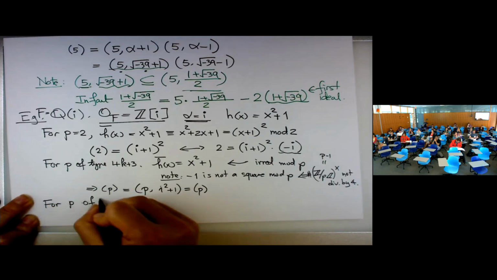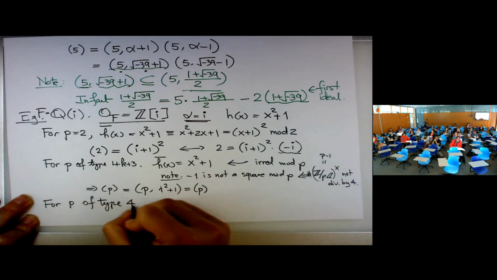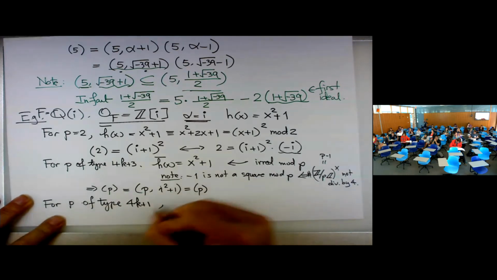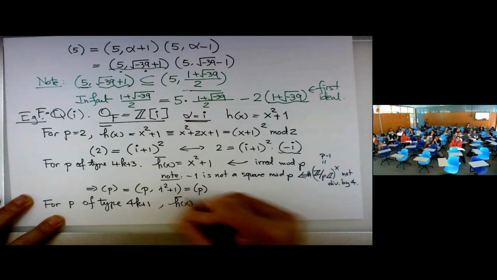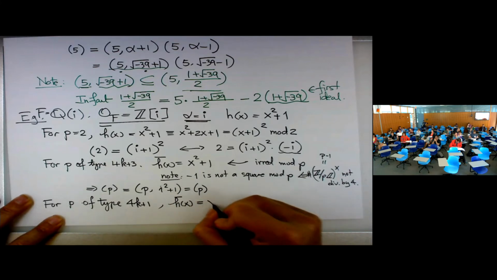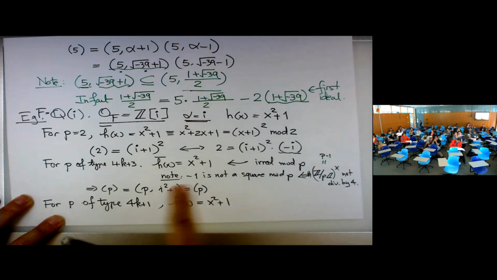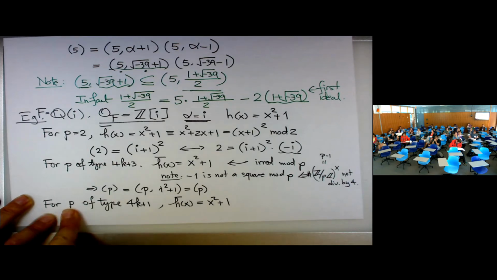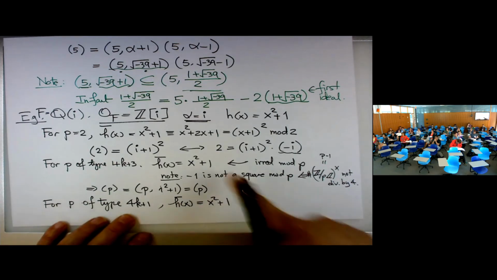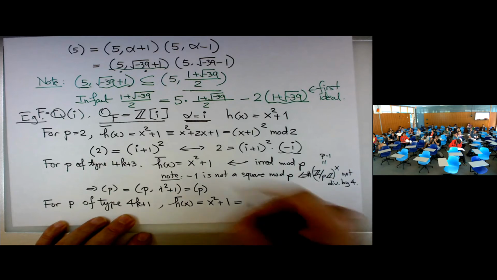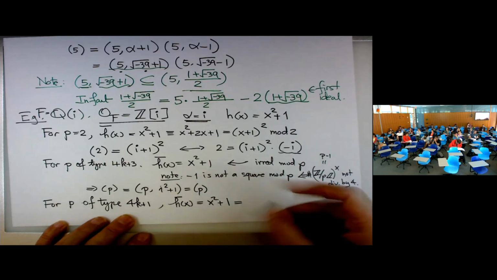And for p of type 4k plus 1, when you look mod p for a 4k plus 1 type prime, negative 1 is a square in mod p.